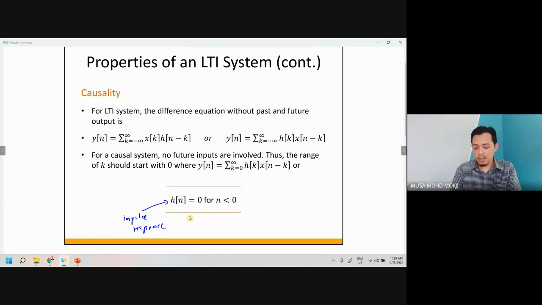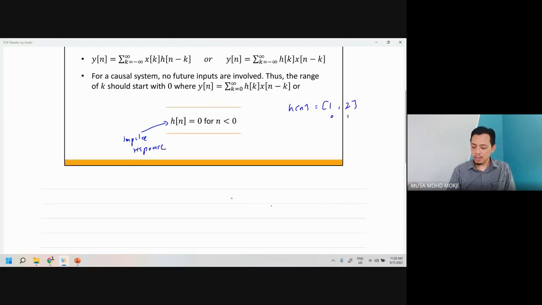But now we are looking at the impulse response. So looking at the impulse response, what is the rule? hn should be 0 for n less than 0. Okay. From the previous example, we have a 1, 2, and this is index 0, this is index 1. And if you plot that, this is 1, this is 2.